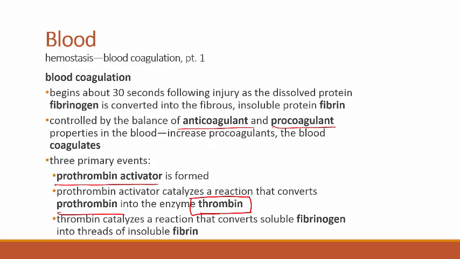And then finally, thrombin will act as an enzyme that will cause a reaction that converts fibrinogen into the threads of fibrin. So thrombin is the last enzyme in the process. Prothrombin activator must be formed in order to get thrombin made from prothrombin.